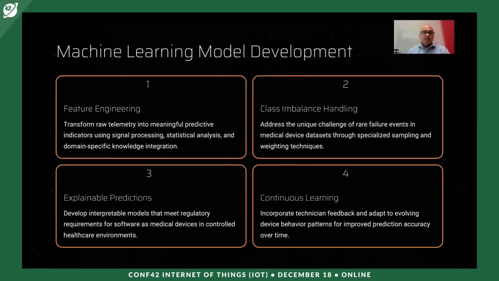Machine learning development starts with feature engineering. We transform the raw telemetry data into meaningful predictive indicators using signal processing, statistical analysis, and domain-specific knowledge integration.